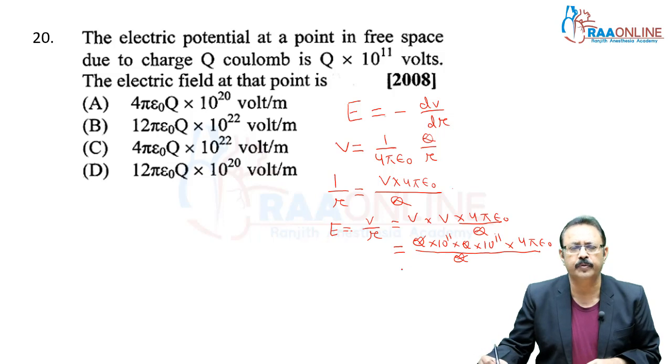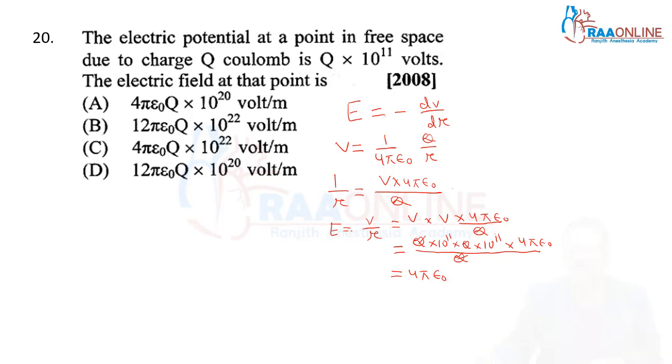Cancel one q. So what we are getting now is 4 pi epsilon naught q into 10 to the power 11 and 11, 22. We are doing in SI units, volt per meter. So 4 pi epsilon naught q into 10 to the power 22. Yes, in C we got this option, so we are going with C.